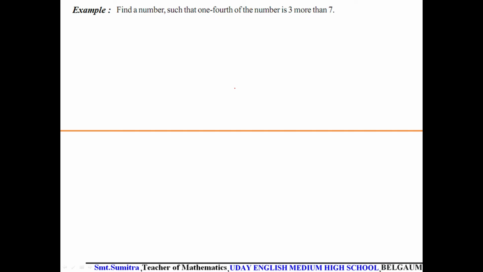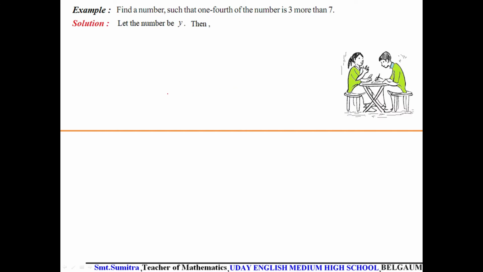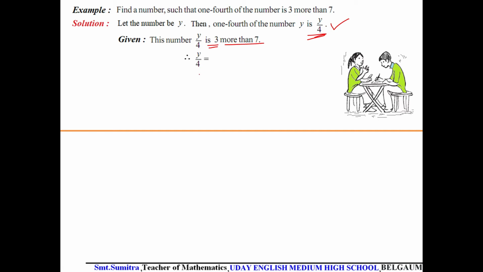Let us see. Let the number be y. Then 1/4 of the number y is y divided by 4. Then given is this number y by 4 is 3 more than 7. Therefore y by 4 equal to 3 plus 7. y by 4 equal to 10.